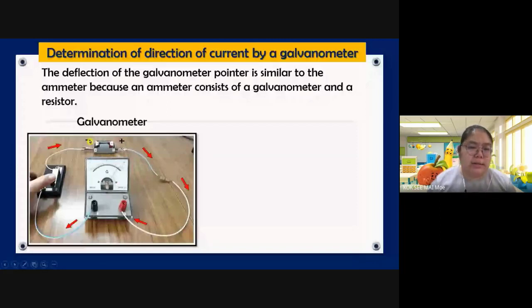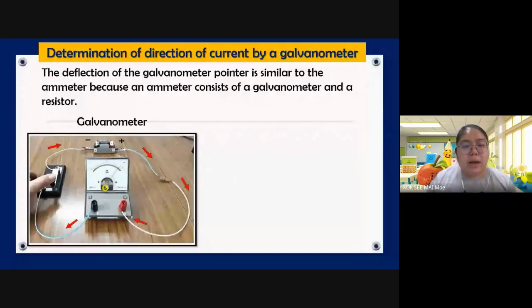So you see the current start to flow. When the current flows to here, look at the galvanometer. It always deflects in the direction where the current is. When the current goes in this direction, the galvanometer deflects in that direction. So when the current goes in here, it goes out there.